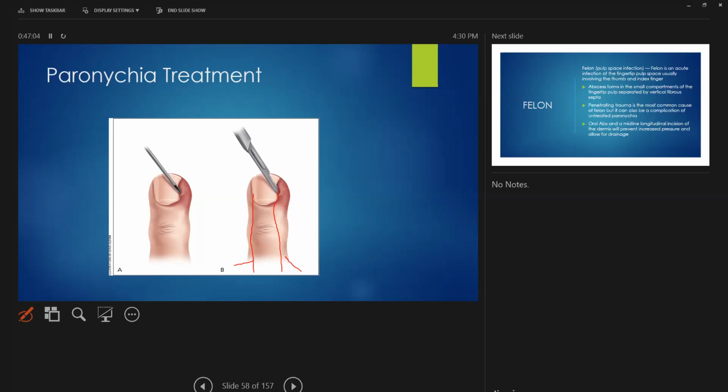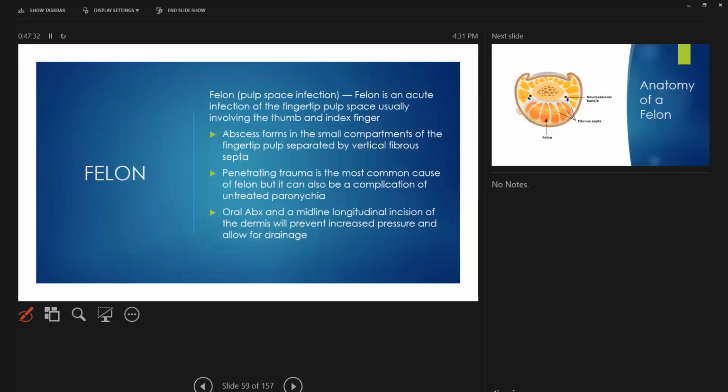So if here's the digit, you're going to numb here and here, kind of in between the web spaces there of the digit, and that numbs the entire finger, and then you do your incision adjacent to the nail in the nail fold.